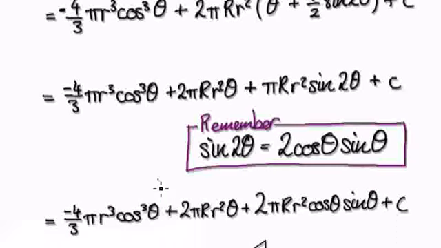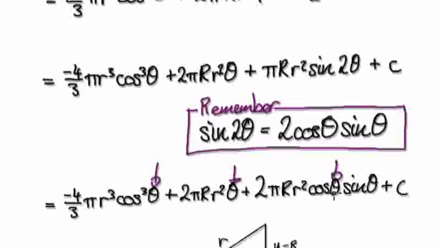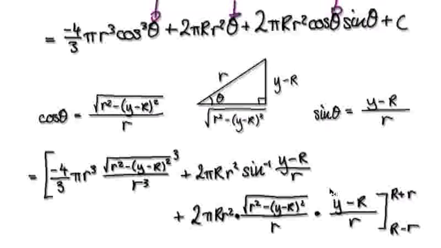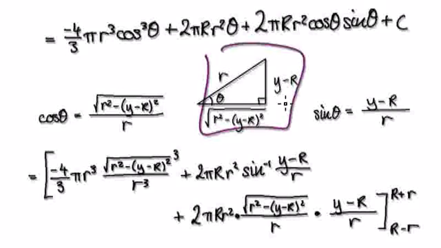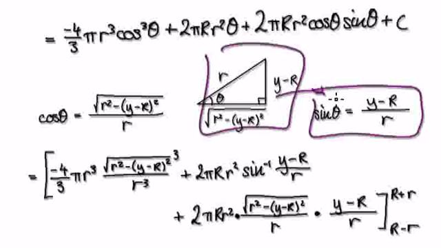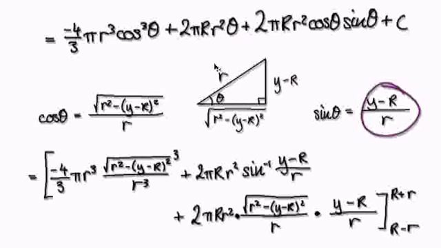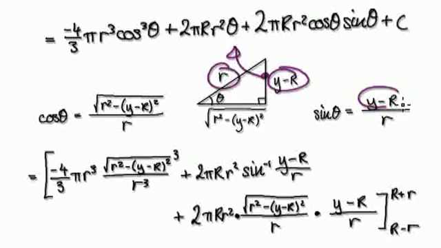We don't want it in terms of theta. So to translate all the thetas, we would revert back to our original diagram, which was this, and then from the diagram we can easily obtain sine theta equals this thing here, because sine theta is opposite over hypotenuse.